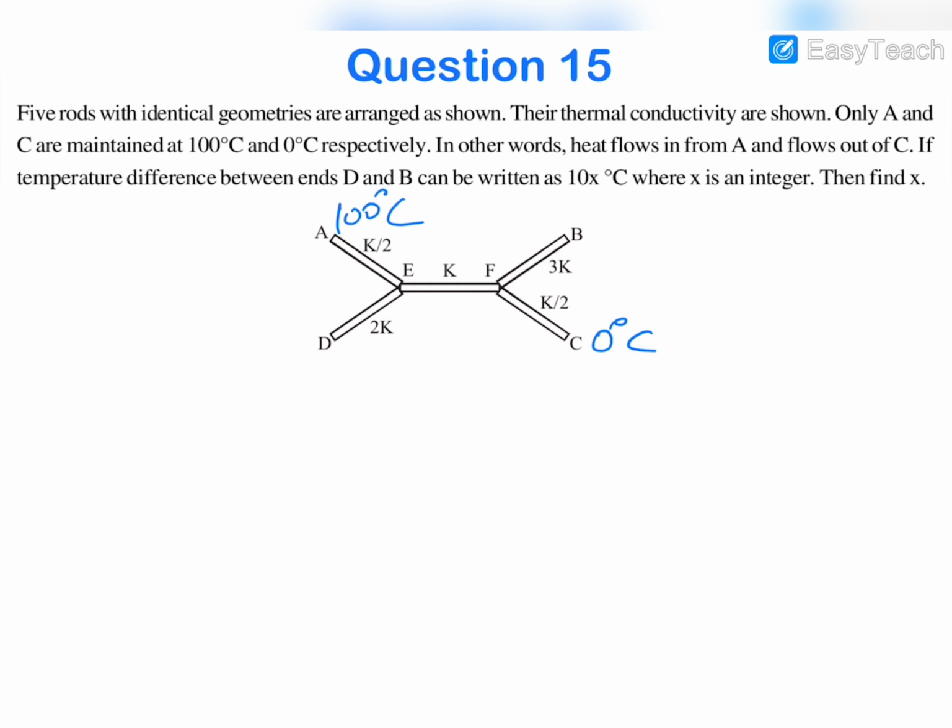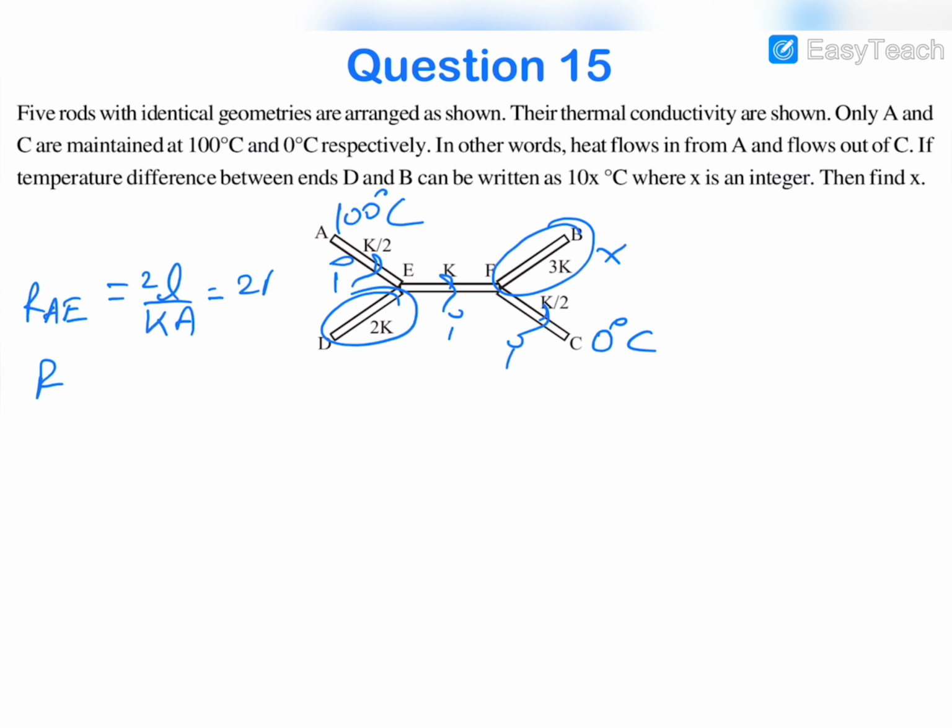So obviously we can say that the heat current will be flowing like that only, and it would be the same, and there would be no significance of these two rods. So first of all, let us see that RAE will be L upon K by 2A, which is 2R, and REF will be L upon KA, which is R, and RFC will obviously be 2R.